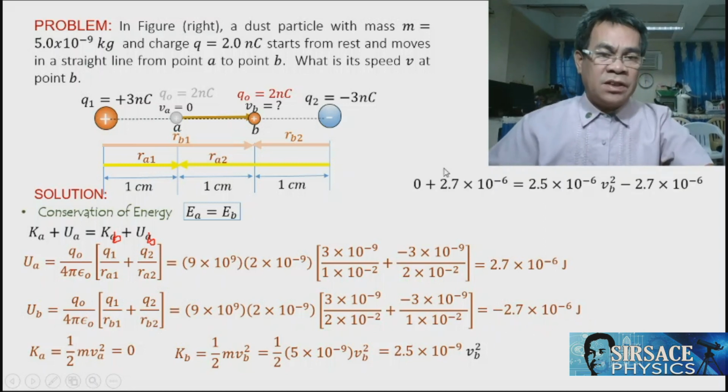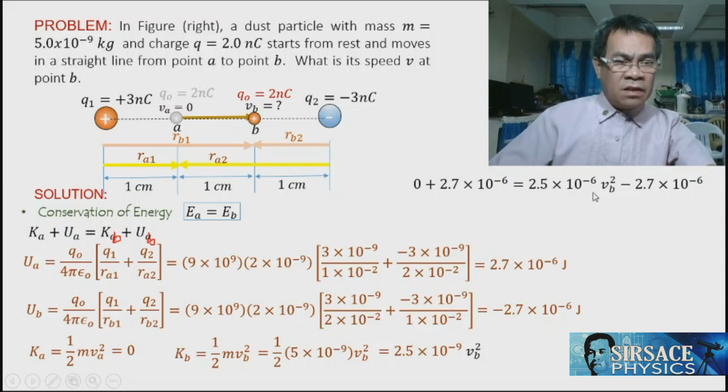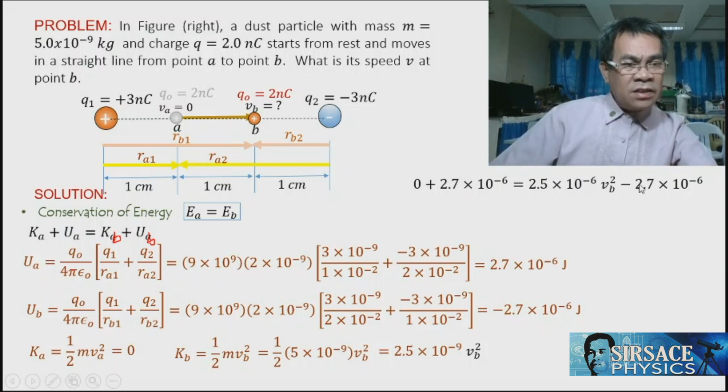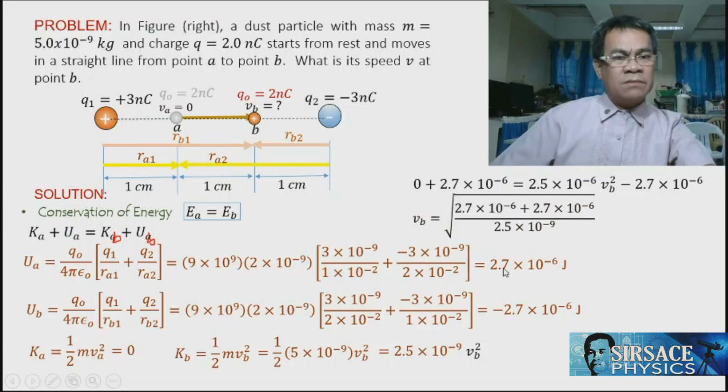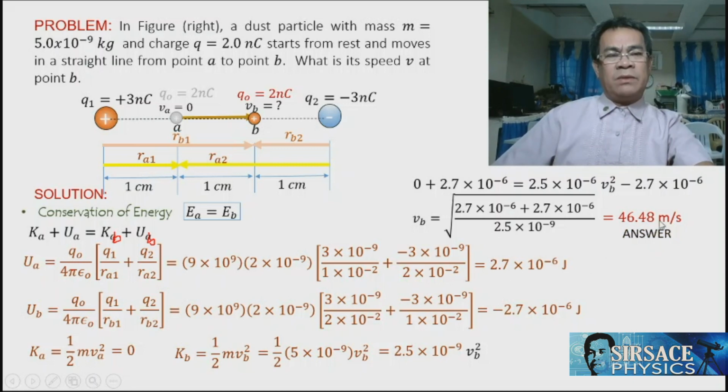So therefore, substituting everything here, the unknown is this one. Okay? So transpose that, divide both sides by this one, take square root, okay? Then calculate. The answer is 46.48 meters per second. This is the speed of this particle in the final position.